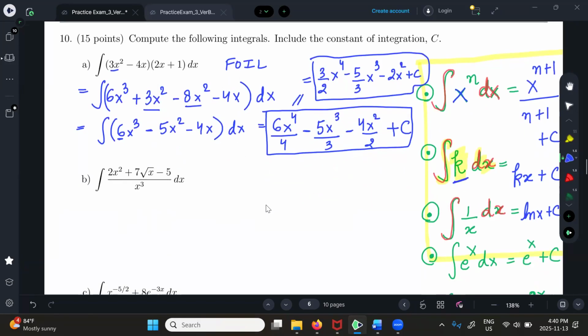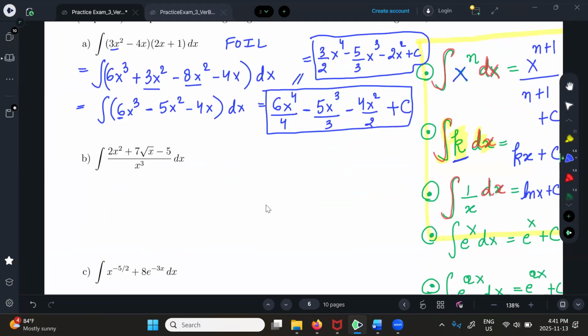Alrighty, moving on. Now I have a thing in the denominator, right? What's the first thing I do? I simplify. Simplify this. Move the x cube with each and every term. I'm going to write a little small, so those who are at the back can sit in the front. There's a lot of space here, okay?